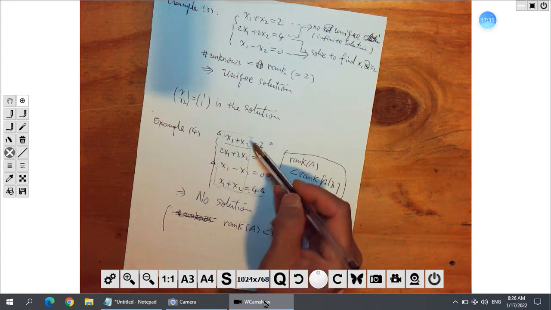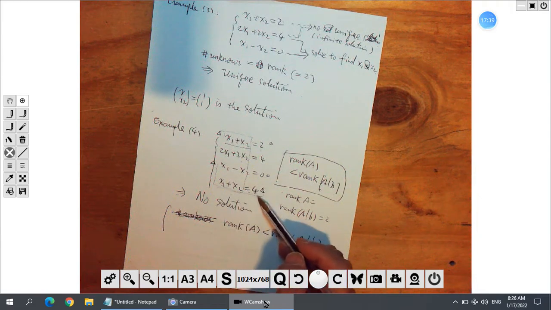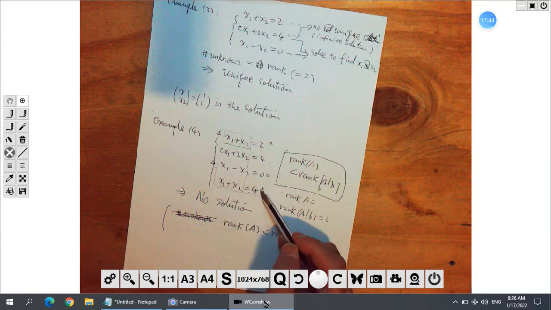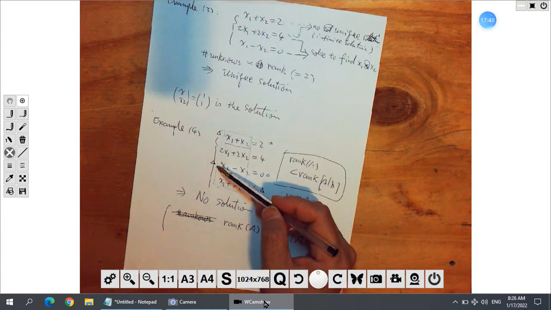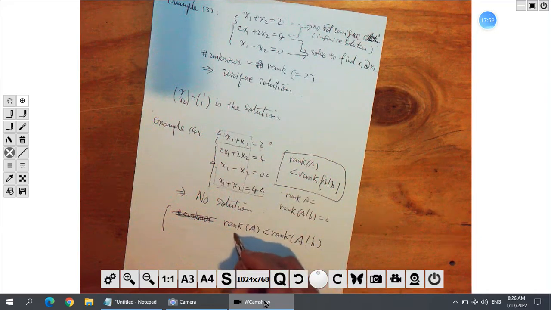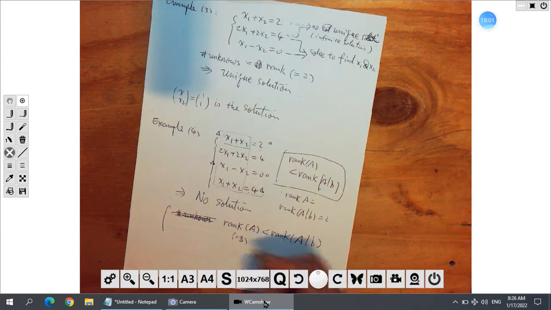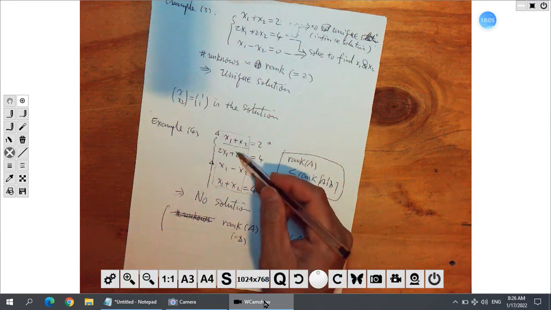So the first is not the same as the last. So this gives us a new equation. So totally we have 1, 3, and 4. These 3 equations. So this rank is 3, this rank is 2. They only have these 2.